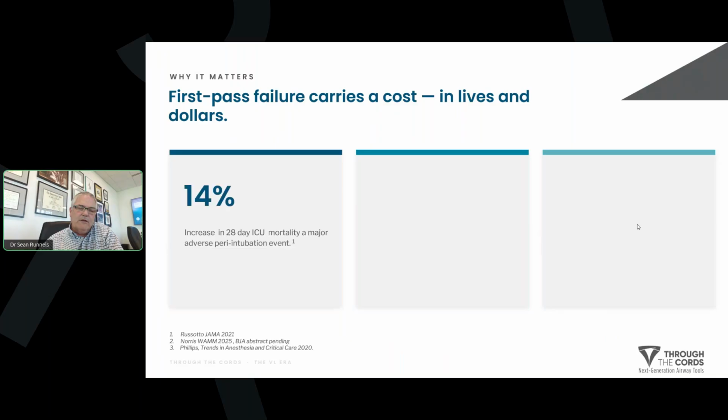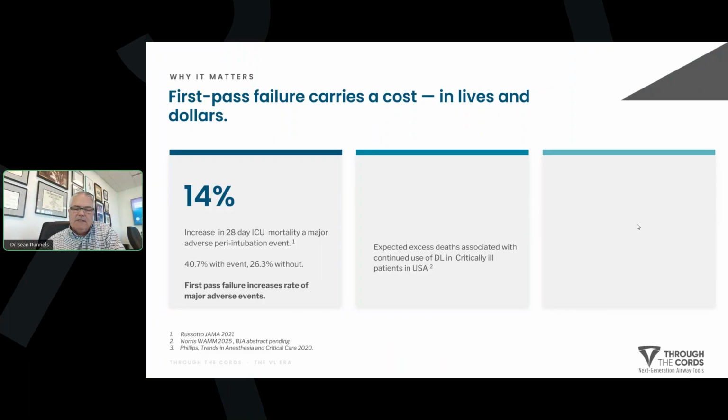And what he saw was a 14% increase in 28-day mortality with each attempt, or when there's a major event that is caused by first pass failure. And so first pass failure increases the rate of major adverse events and increases mortality.